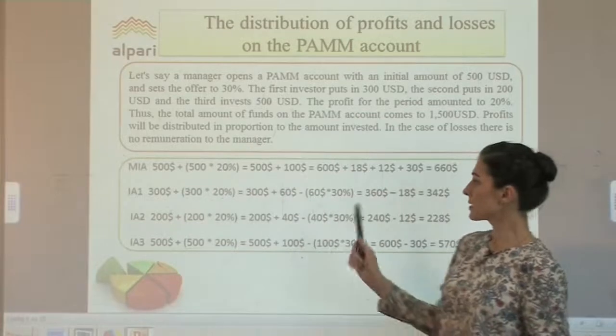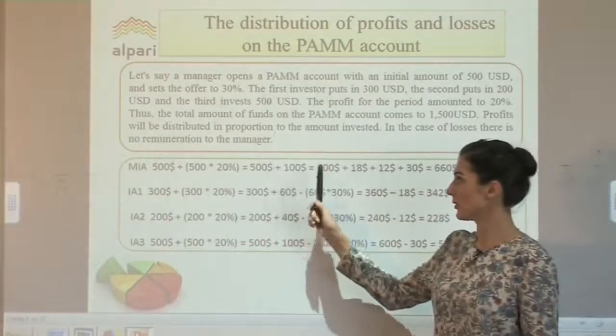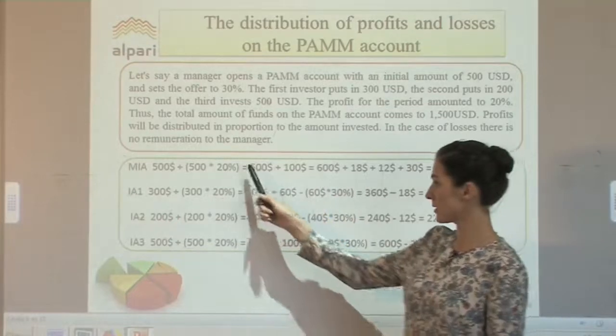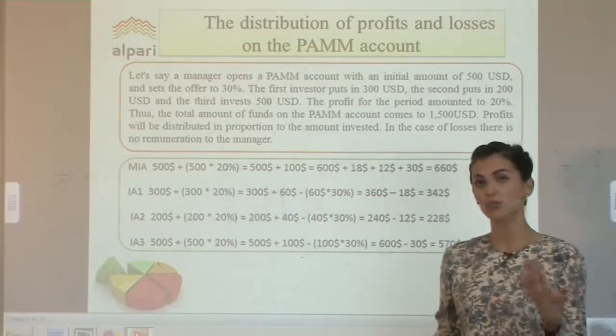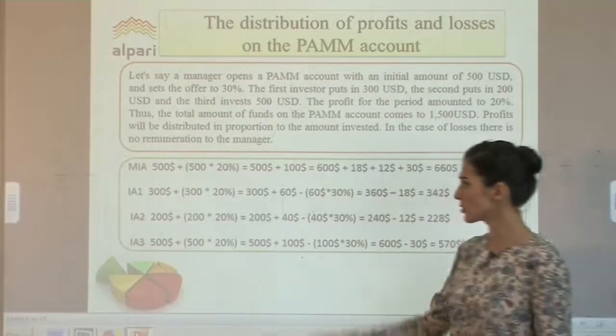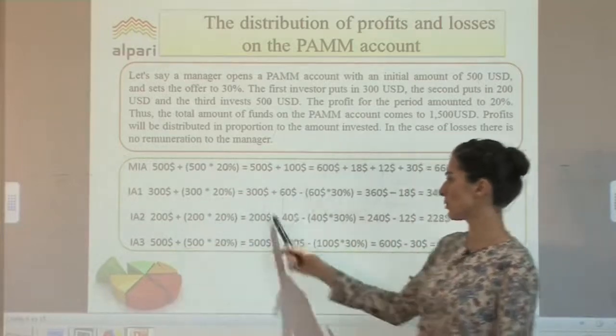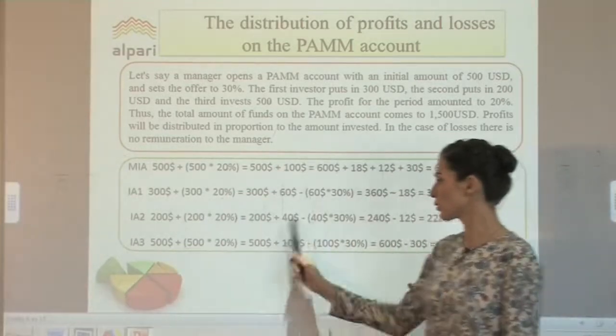And we can see that the manager of the PAMM account receives $100 plus his 500 initial funds. The second participant, the first investor, gets about $60, the second one about $40, the third one about $100.